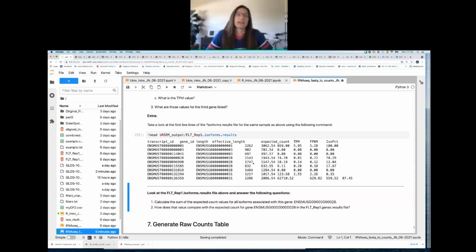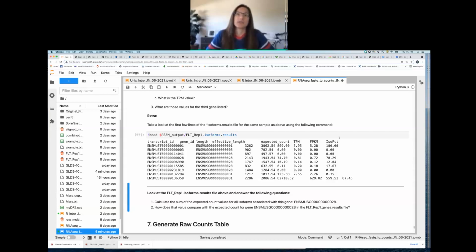So you're going to have length, except this time the length is going to be your transcript length. And then you're going to have your effective length, except this time it's going to be the effective length of the transcript. And then you're going to have your raw count data, or that maximum likelihood weighted count data that RSEM calculates, titled as expected count, followed by the two types of normalized count data that RSEM produces.